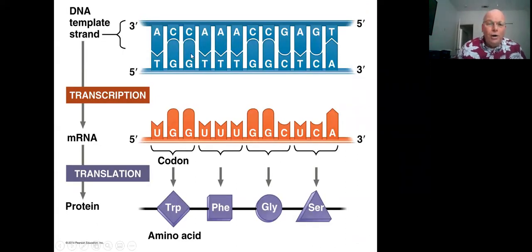So we now know that in the flow from DNA to RNA to protein, the DNA is read, and as we have seen previously when we talked about DNA replication, the template strand in the DNA molecule, the strand that represents the actual genetic sequence, is the 3' to 5' strand.